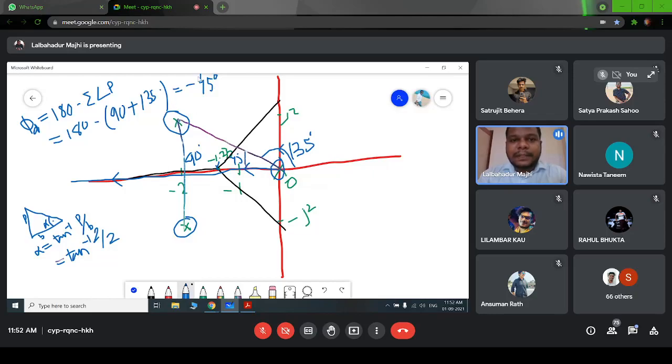So now we have our angle of departure as minus 45 degrees for this upper complex pole. Similarly, for this lower complex pole, it will be 45 degrees. We don't have to calculate it. If it is minus 45, then it will be 45. If it is 45, then it will be minus 45.